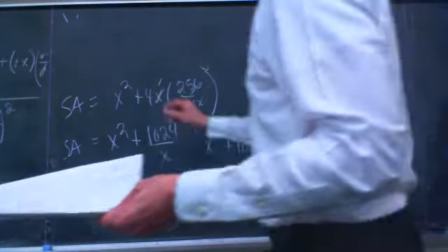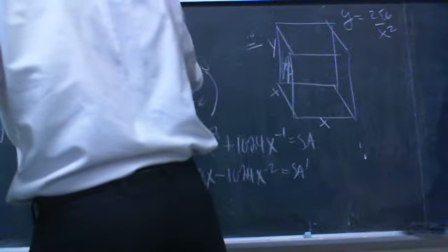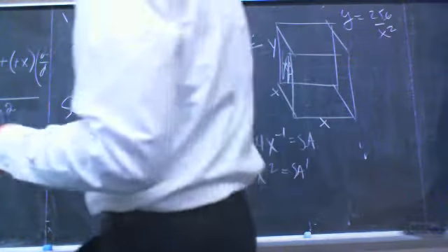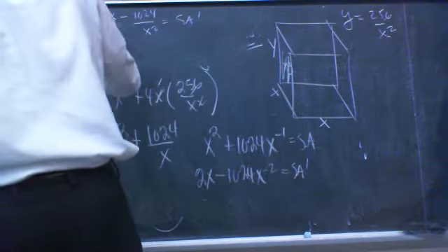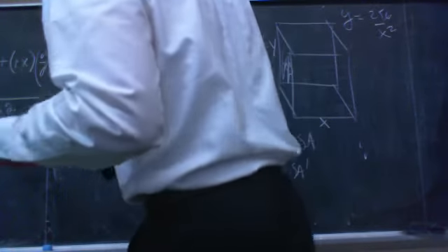Get rid of this, I have no room, so I'm going to make this 2x minus 1,024 over what? Get a common denominator. So multiply this by x squared over x squared. And then I'm going to get 2x cubed minus 1,024 equals S prime, all over x squared.